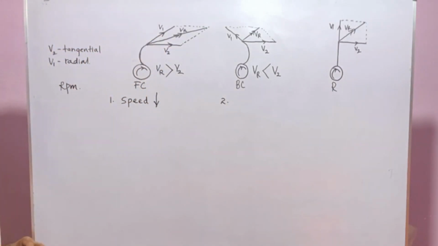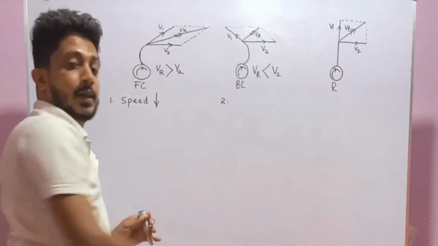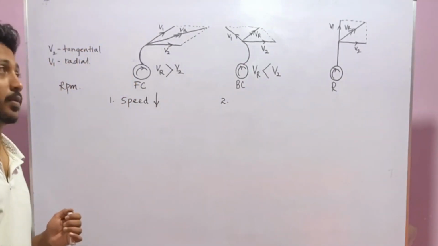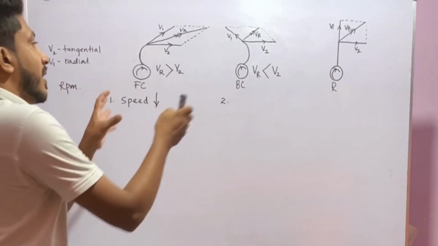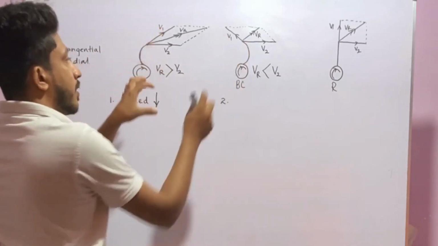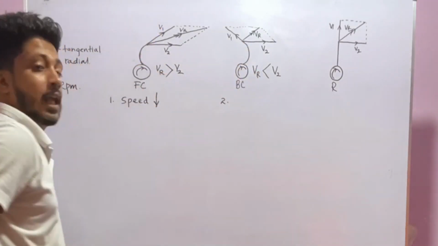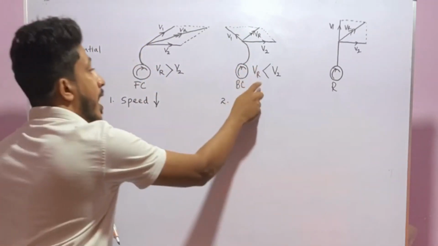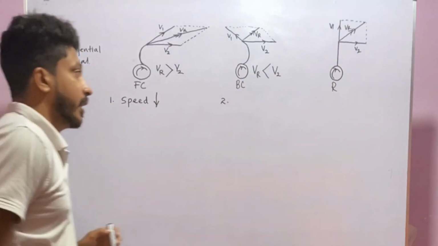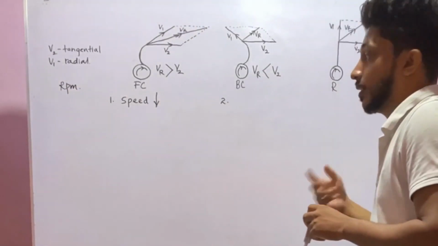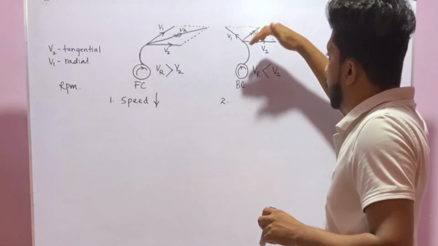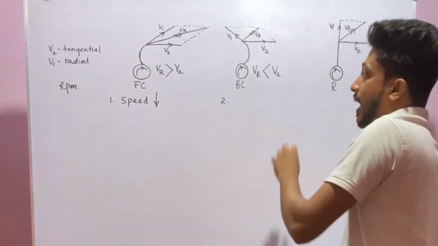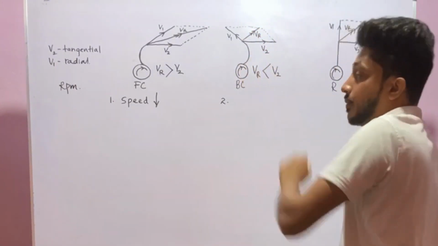In backward curve fan, air particles leaving this impeller always have a less velocity than the fan speed. Because of that, if we compare this fan and this fan, to get the same air flow, this fan has to rotate in higher RPM, because the air particles leaving this impeller have a less velocity than the rotational speed.